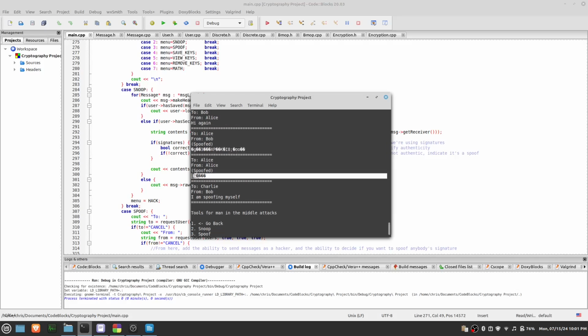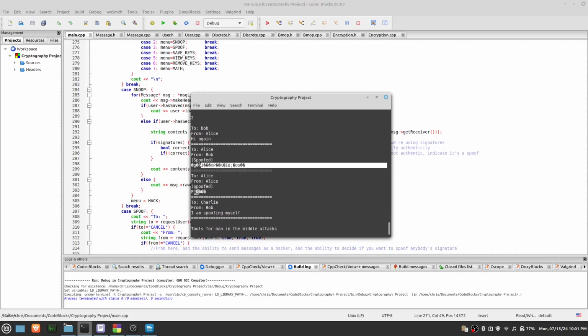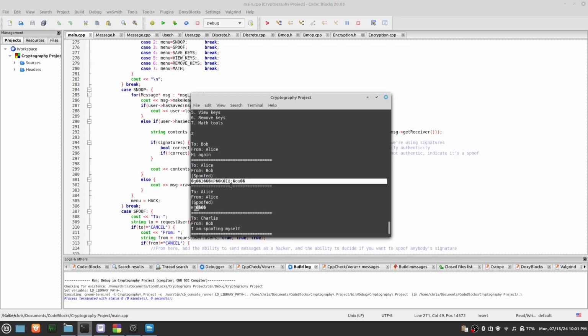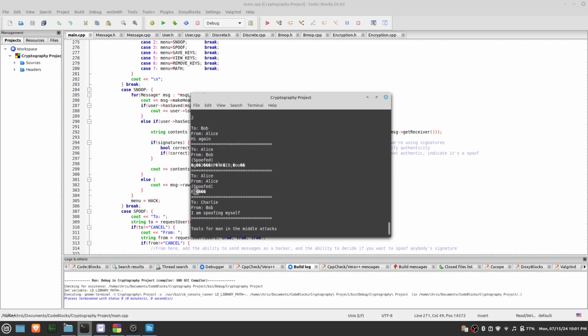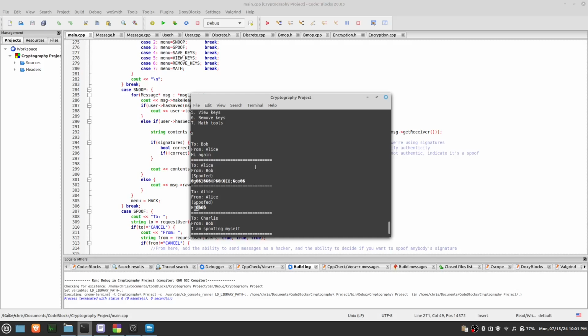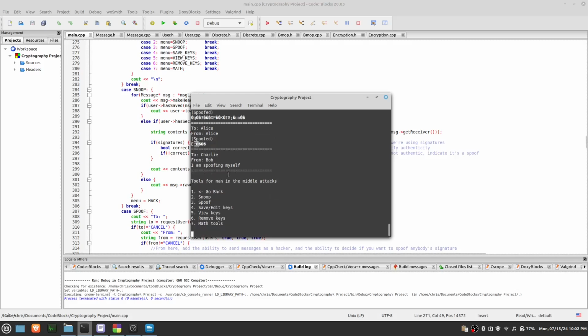And also because it's using the wrong key, it tried hashing the message and then compared that to the signature, decrypting it with Alice's public key, and now it thinks that message is spoofed. Oh, it also thinks that the message to Alice from Bob, the one that Charlie sent, is spoofed, because it sees the wrong message.